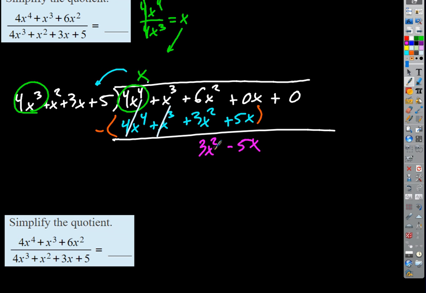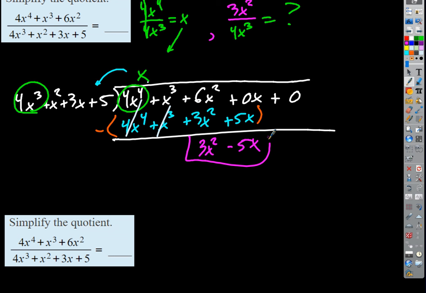Doesn't work, right? Because this is a smaller power of x than that is. So that means this is what? The remainder, right? If I can't divide anymore, then that's the remainder. What I'm left with is the remainder. The division process has stopped, right?